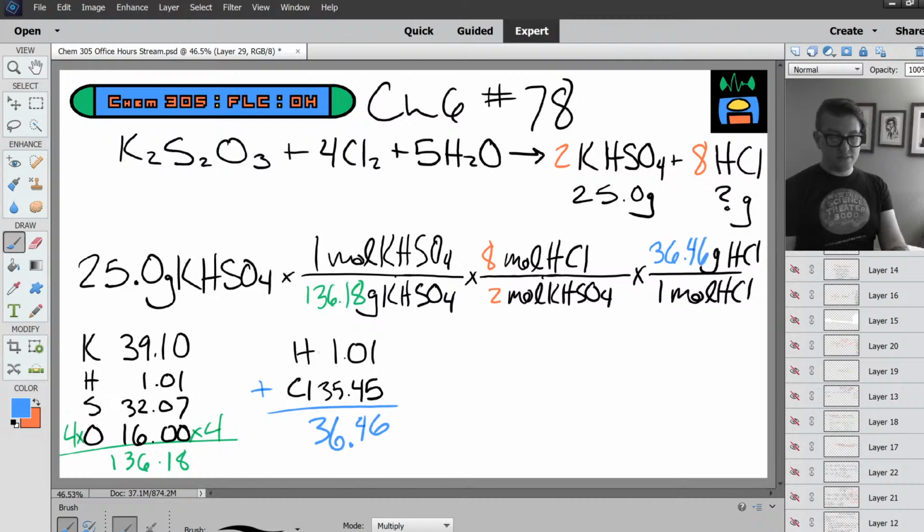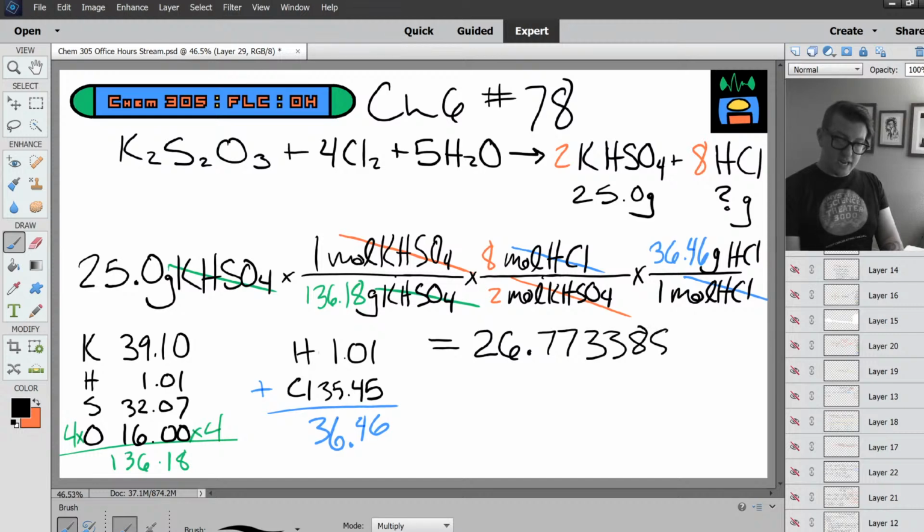36.46 grams of HCl are in 1 mole. All right, so now grams of potassium bisulfate cancel, moles of potassium bisulfate cancel, and moles of HCl cancel. Ready to crunch our numbers. 25 divided by 136.18 times 8 divided by 2 times 36.46. This equals 26.77333882.